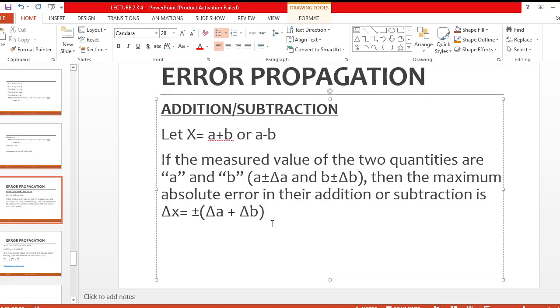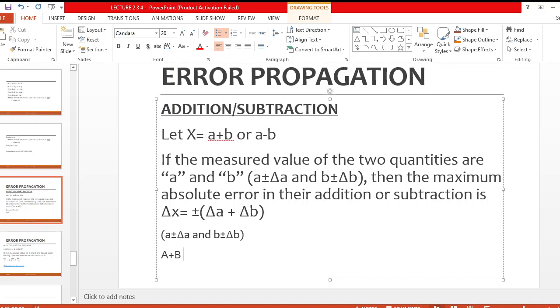So what this statement is talking about: we have a measurement, and this measurement is composed of a measurement a and a measurement b. Measurement a has an error, which is change in a as absolute error, and measurement b has an error which is change in b as the absolute error. So now if you want to add these two measurements, a plus b, in a normal addition, a plus b equals a plus b.